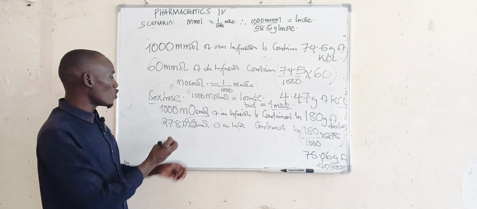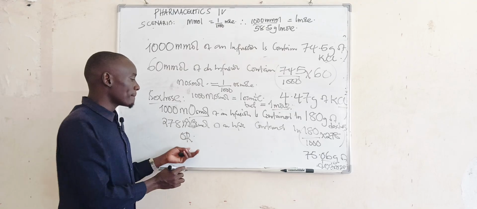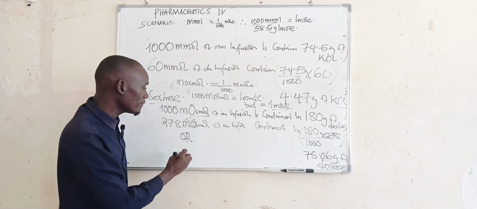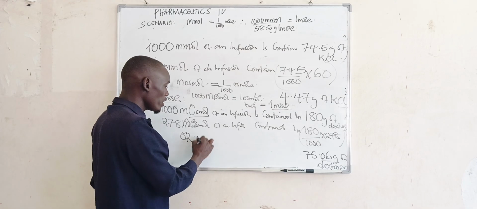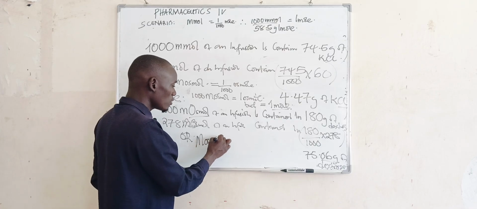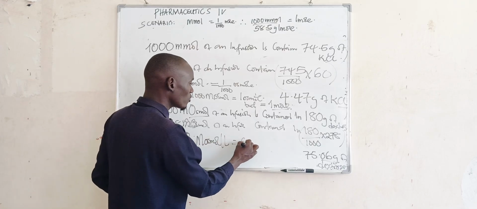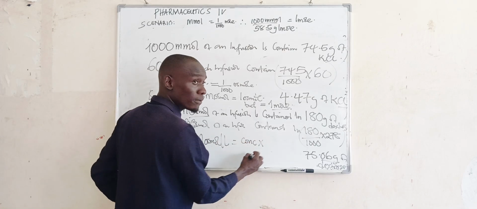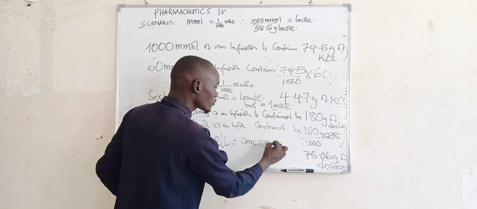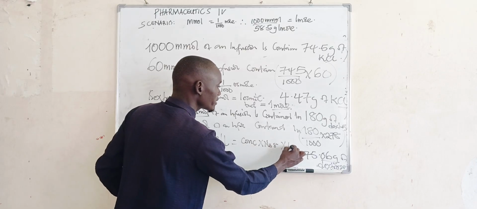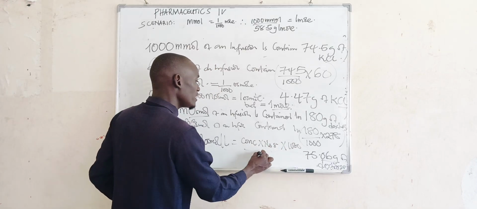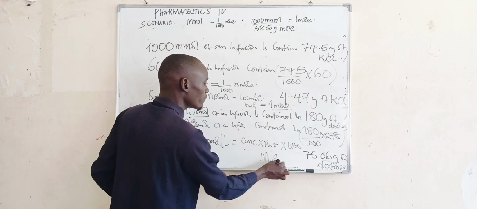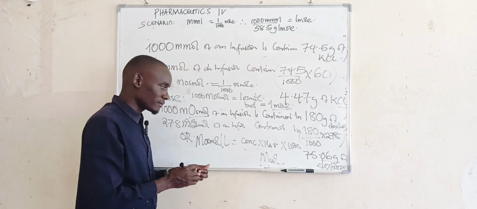We can also obtain the quantity of dextrose from the formula, where we know that mosmol per liter is given by concentration multiplied by number of species times 1000 divided by molecular weight of that substance.